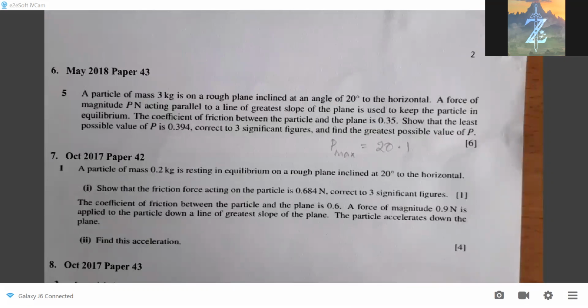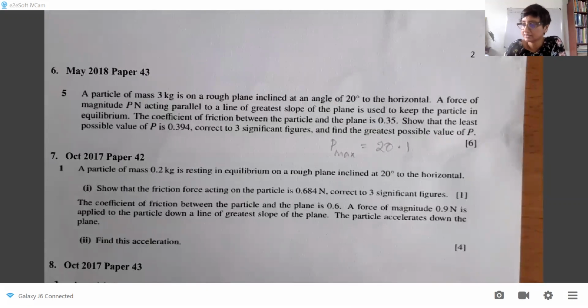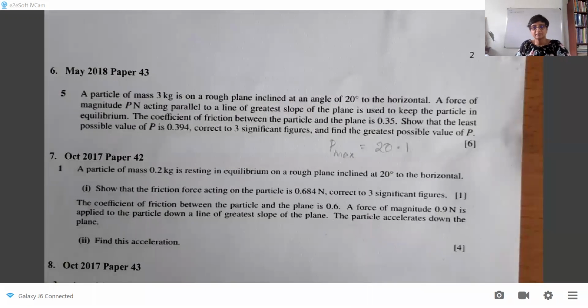Kavindi, good, same. One more person, P max? Okay, Umalya. Okay, so looks like it's good.